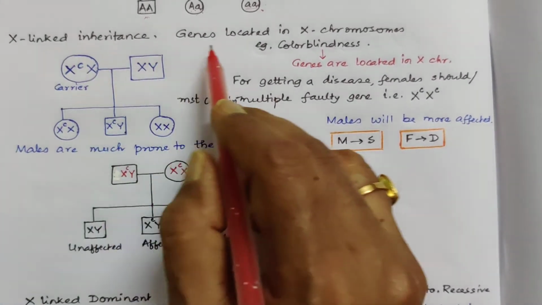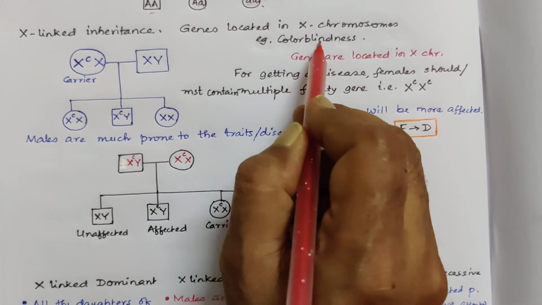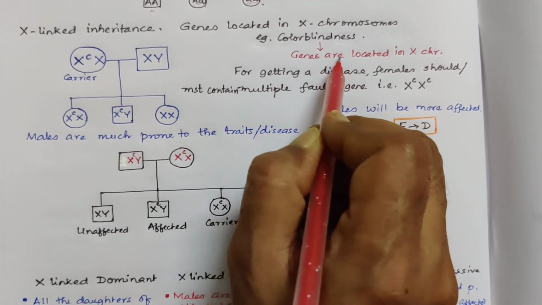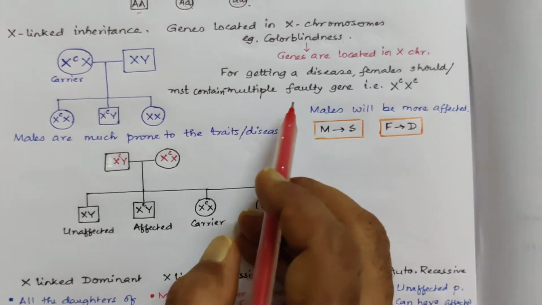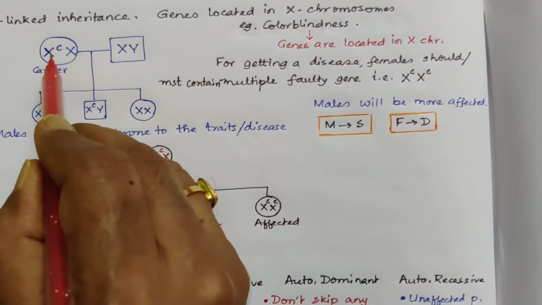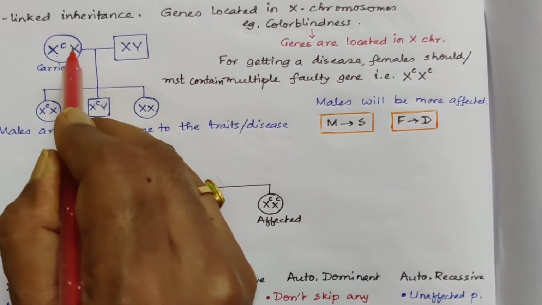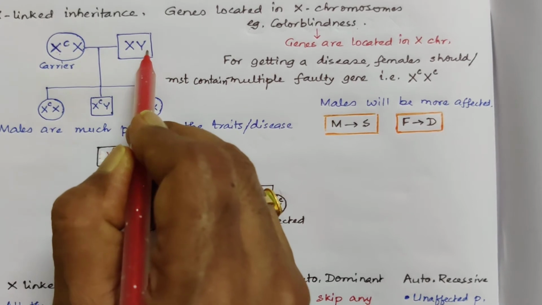Now regarding X-linked inheritance, the genes located in X chromosomes, for example in case of color blindness, the genes are always located in X chromosomes. Now this one is a carrier female, carrier for color blindness, XC, this is a carrier allele, and the male is normal male.